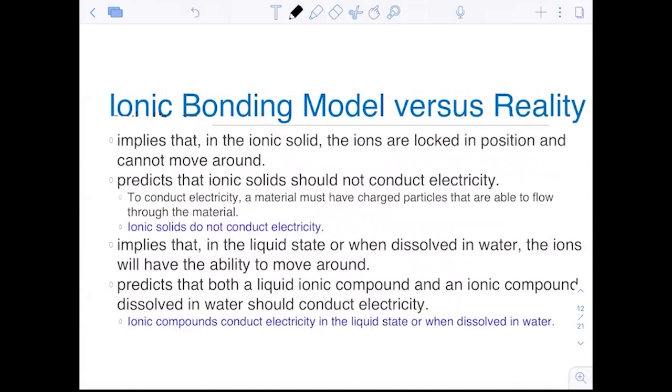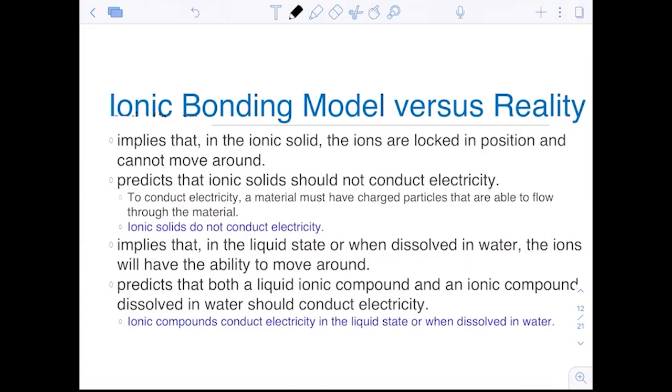It also implies that in the ionic solid, the ions are locked in a position and can't move around. It predicts that ionic solids should not conduct electricity, even though there was a transfer and ions are formed. When those ions are stuck in the crystal lattice, that cannot conduct electricity. We can use an ionic solid with water to conduct electricity.